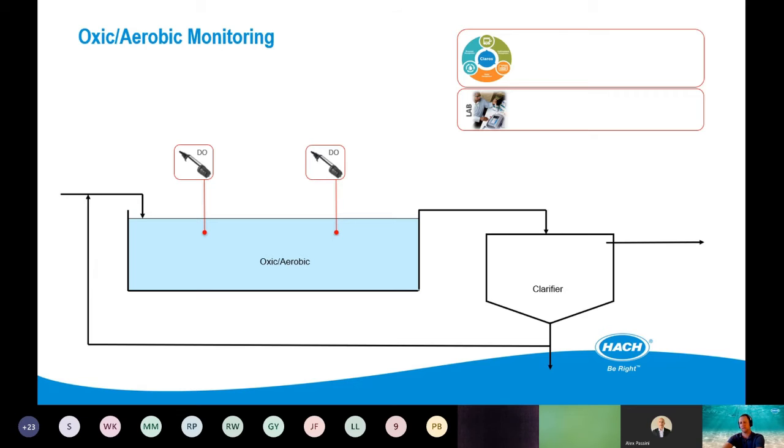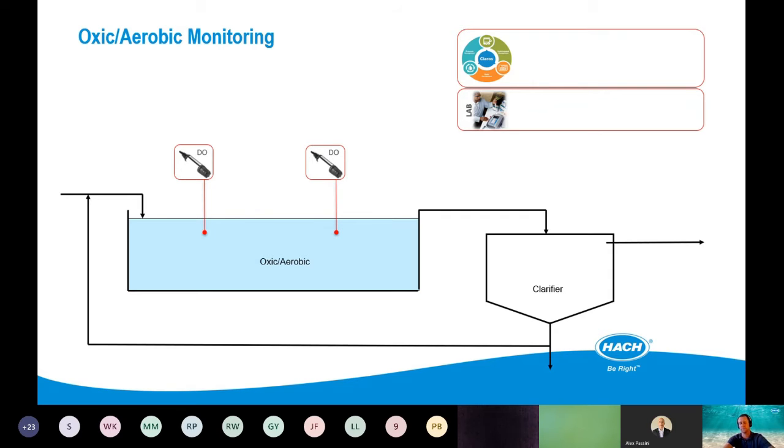And so when we're talking about instrumentation, what can we do to help ourselves be efficient in wastewater and monitor and optimize our process? We can use various probes and instrumentation, and so I'm just going to go through a number of things from an oxic aerobic perspective, and then on the next slide we'll cover a little bit more about anoxic condition monitoring.